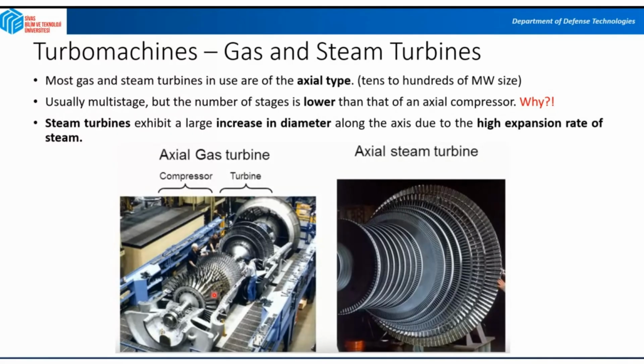So we have to be careful about the rise of the pressure inside compressor stages. But on the other hand, there is no need to be careful about that inside a turbine. Is it clear to everyone, or should I explain it more?